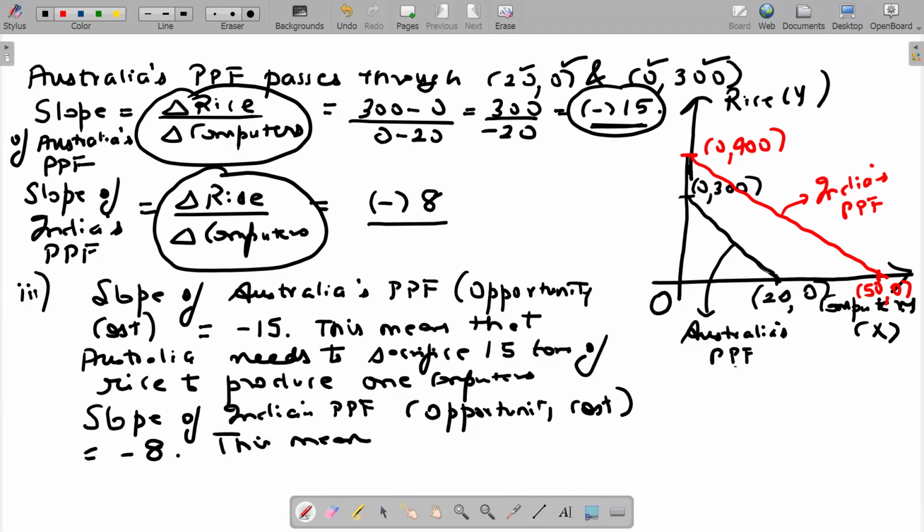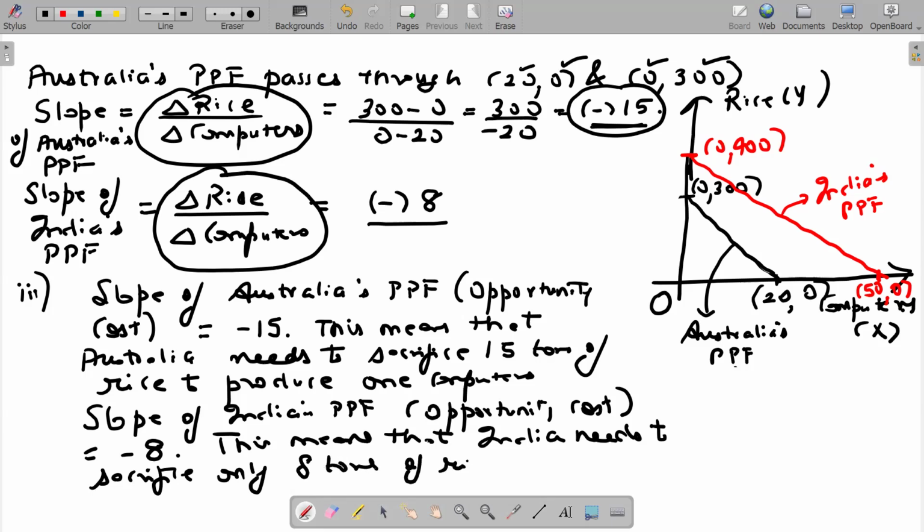This means that India needs to sacrifice only 8 tons of rice to produce one computer.